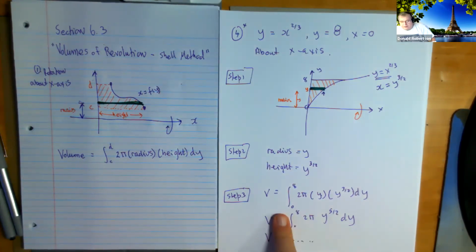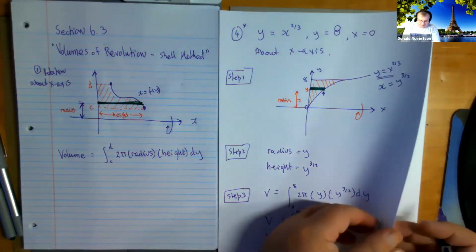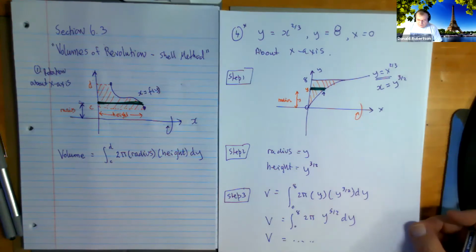You can pull out that 2 pi outside the integral. I definitely pull out the pi. But aren't you just going to do a power rule? Right, you're going to integrate y to the 5/2 by adding 1 and dividing by the new power. And that will be the finish to that question.